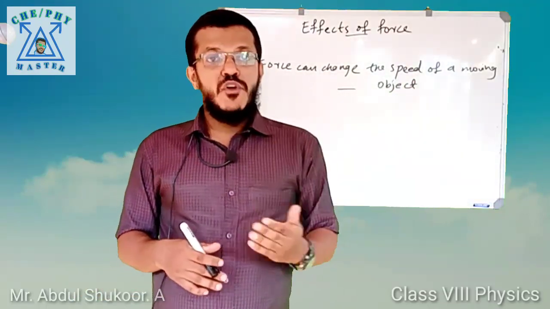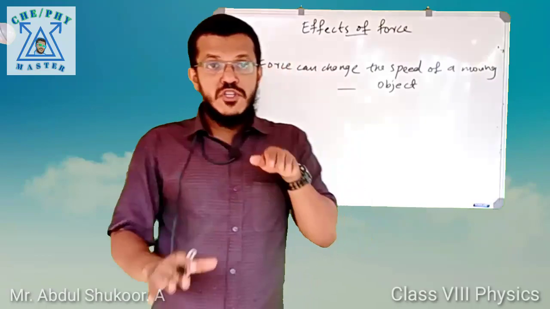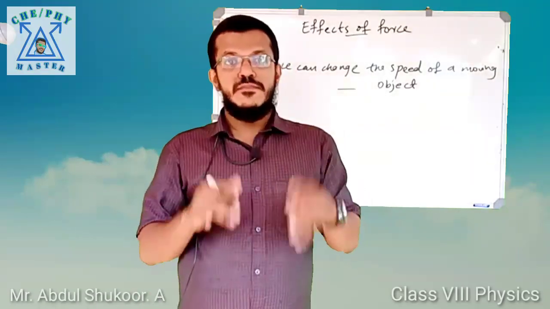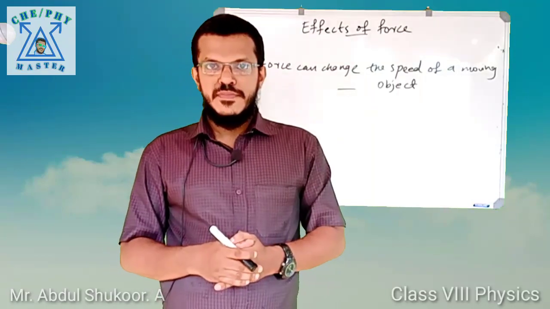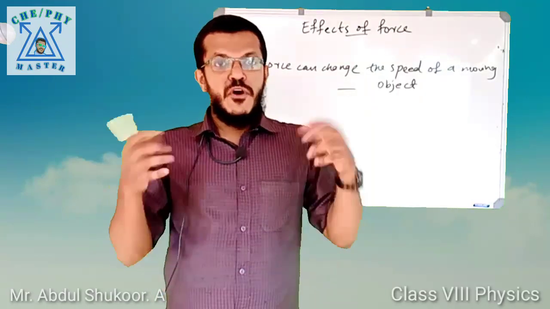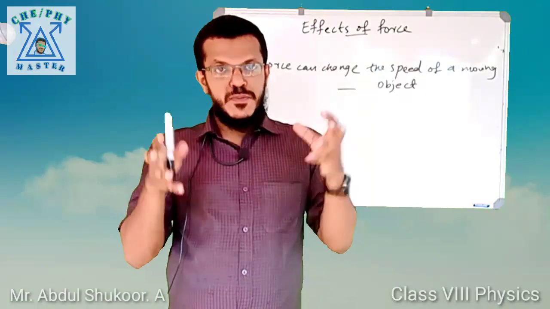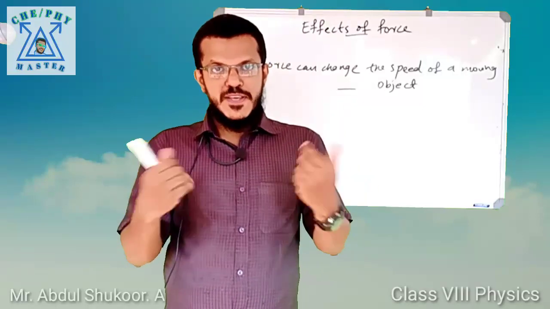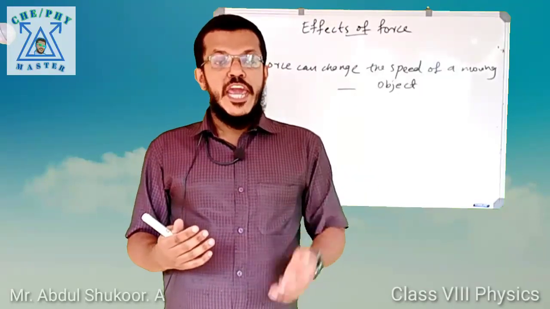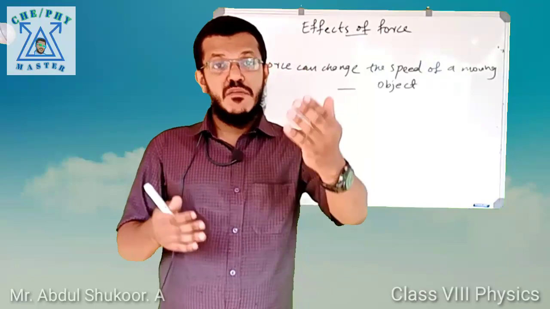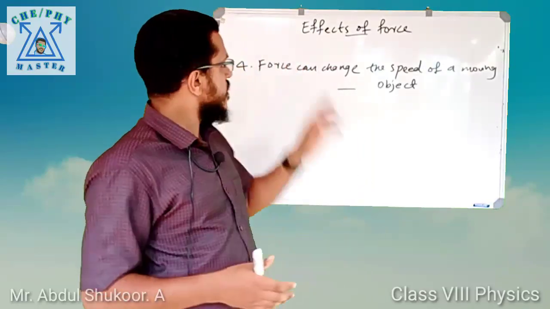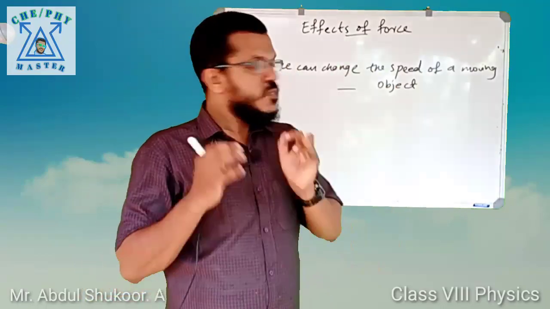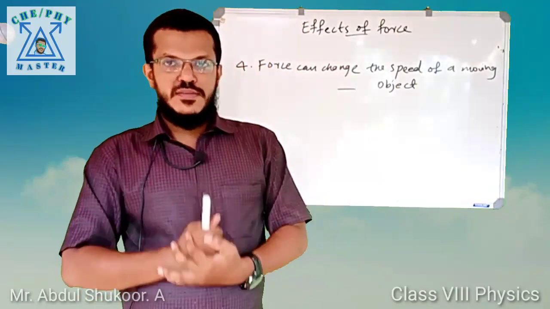Another case: if you apply more force on the pedal of the cycle, then the speed of the cycle will increase. And if you apply force using brakes, in the opposite direction of the motion of the bicycle, then the speed of the bicycle will slow down. That's why we said that force can change the speed of a moving object.